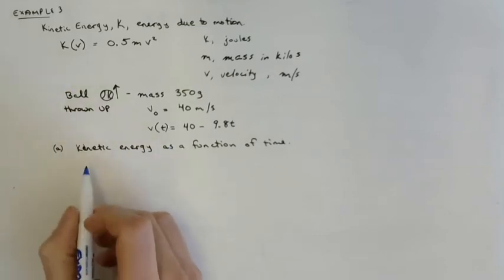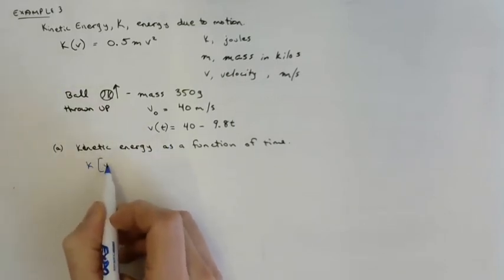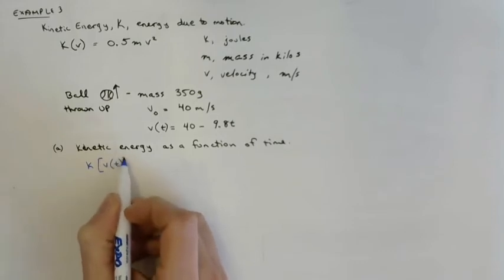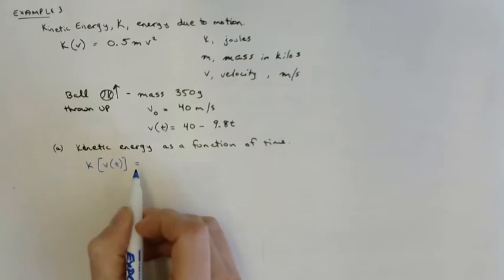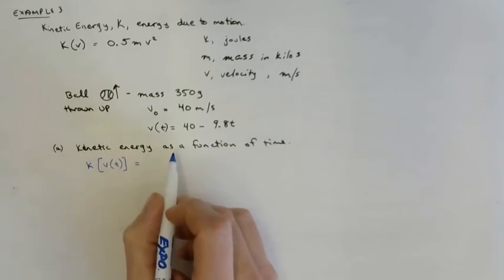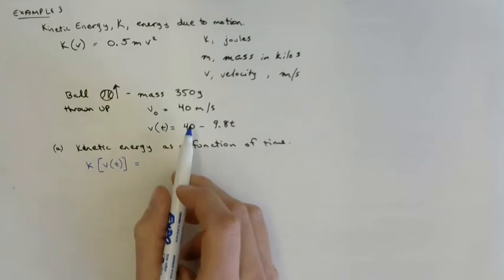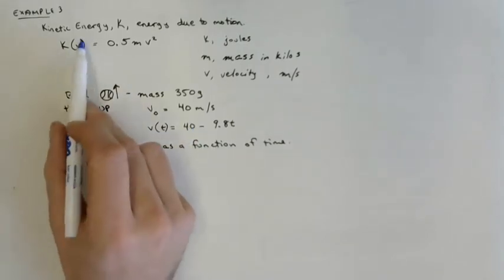So what we have here is a composite function. We have the kinetic energy with respect to the velocity with respect to time. Which means that we're going to simply take what we know, which is the mass, the v of t, and sub it into our formula for K of v.